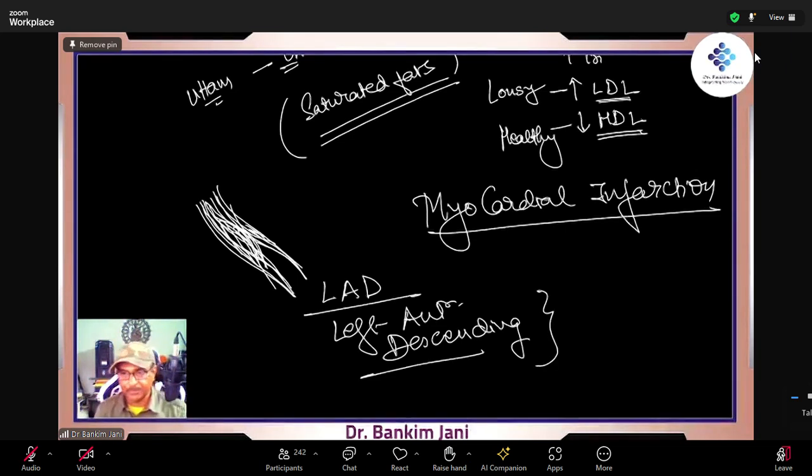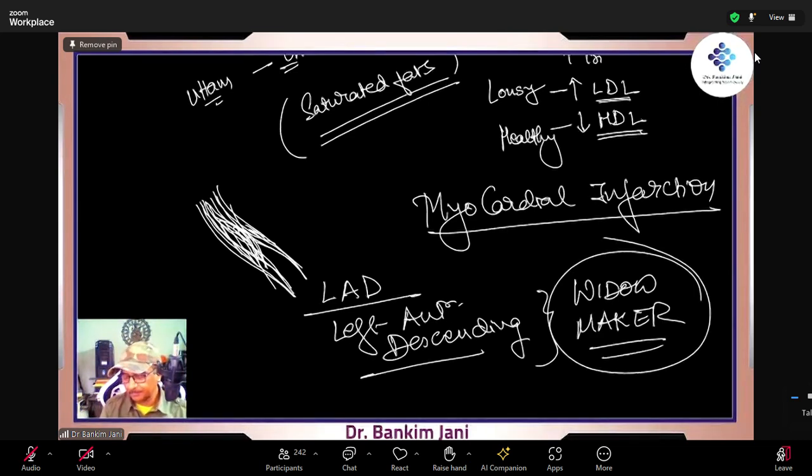The other name of this artery is widowmaker. That's a name. Do you need to remember all? Today's session is just to enjoy. Even if you don't remember anything, it is fine.